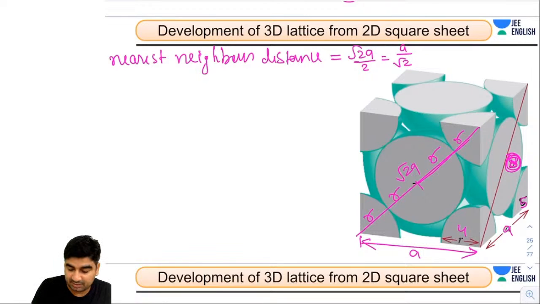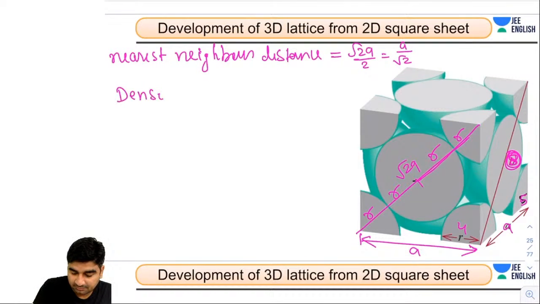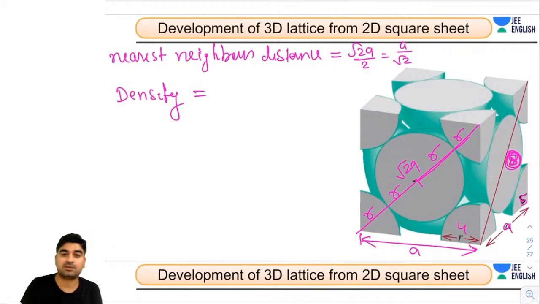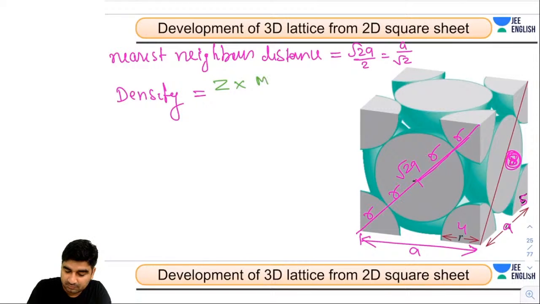So can you tell me the density? What will be the density of face centered? Yes, guys, be fast. Can any of you tell me the density? Anyone? No one? So density would be Z into M over Na over a cubed.